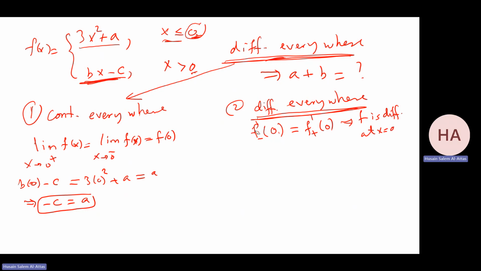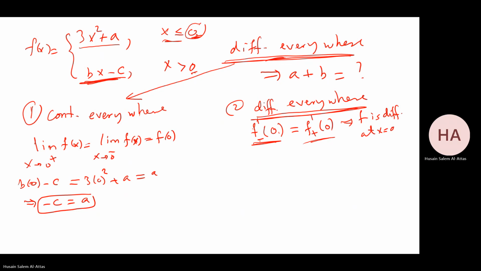That's what I need to check. You can do it two ways. You can find this using the limit and find this using the limit, and you equate them. This is one way to do it. And for sure you will get the answer.